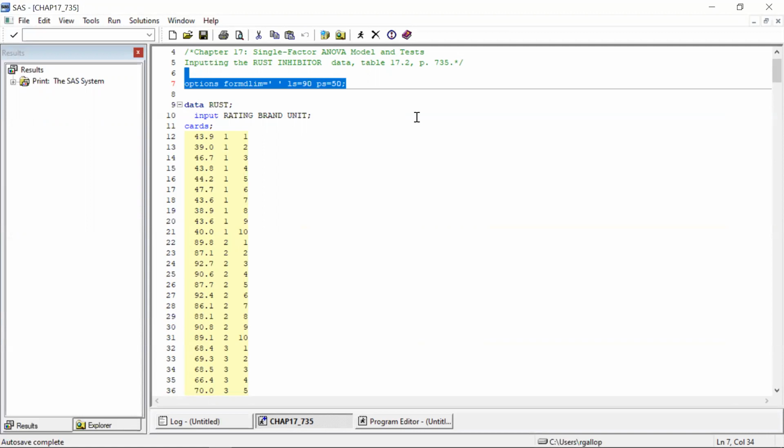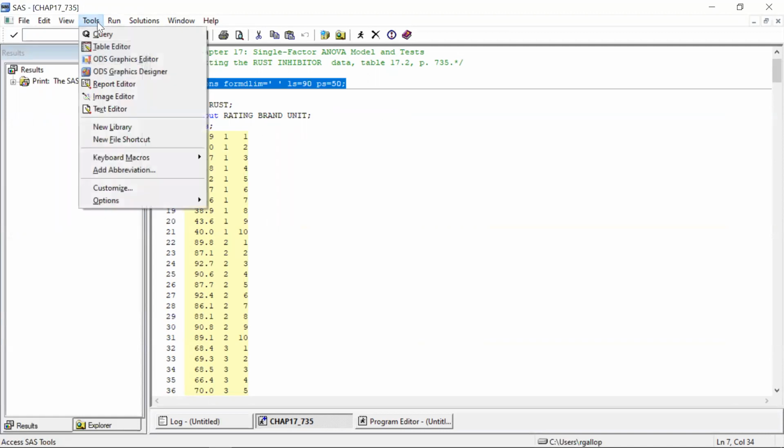Most of you guys are using the HTML output of SAS, which is totally fine. Sometimes for me, when I'm running a bunch of analyses, the HTML window that opens really slows down SAS.